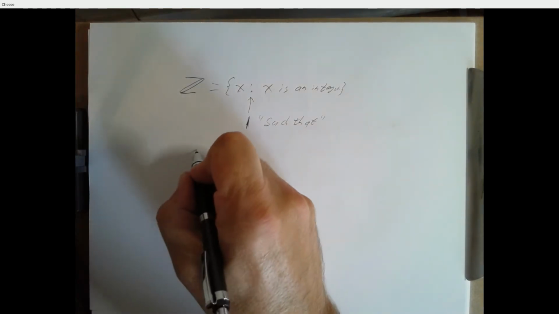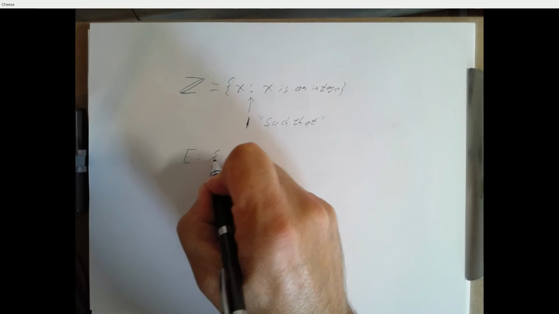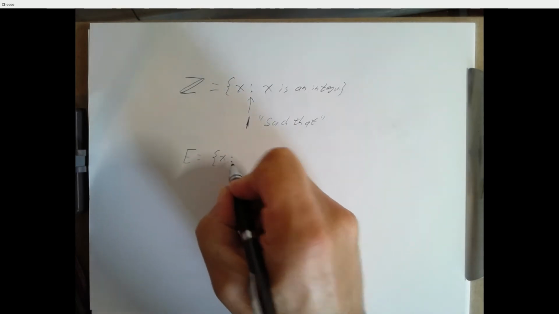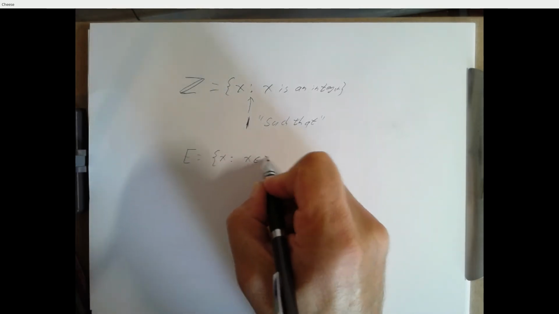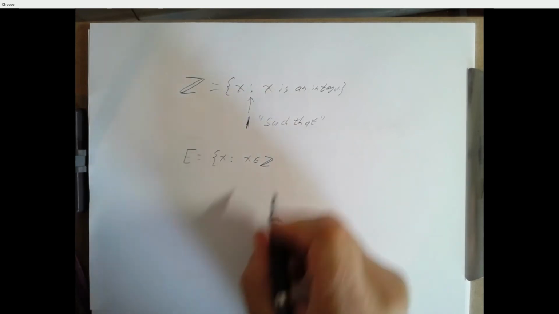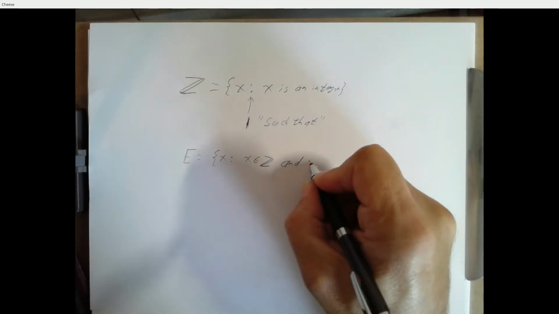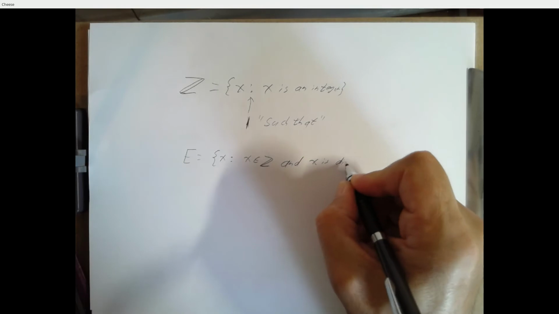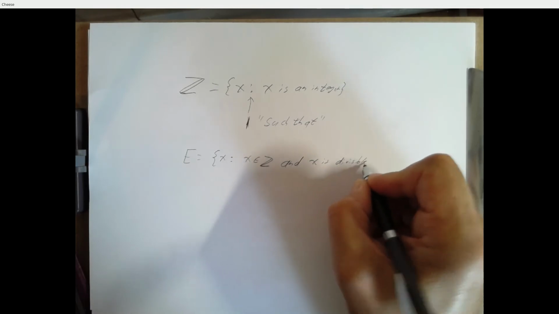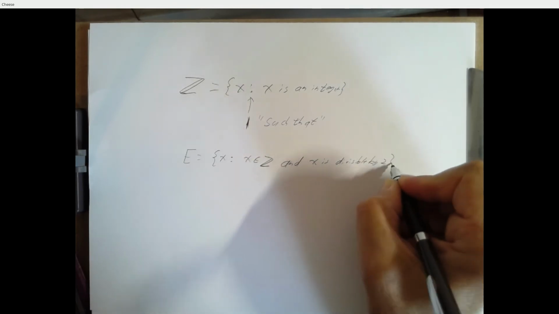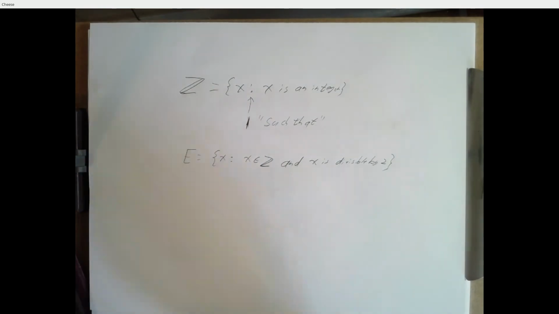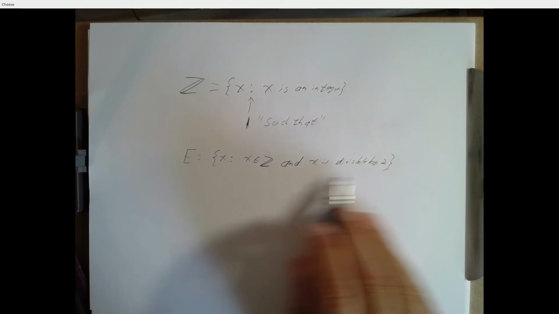We could also say E equals the set of all X such that X is contained in Z, which means X has to be an integer, and X is divisible by 2. And so we've just defined the set of even integers, positive, negative, and 0, using this sort of notation.